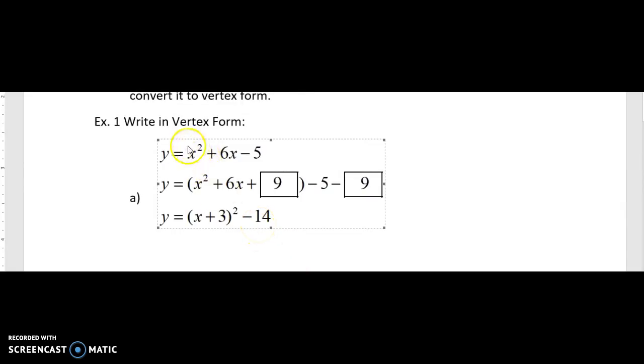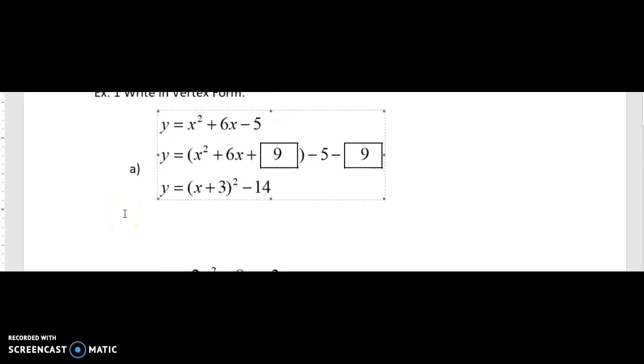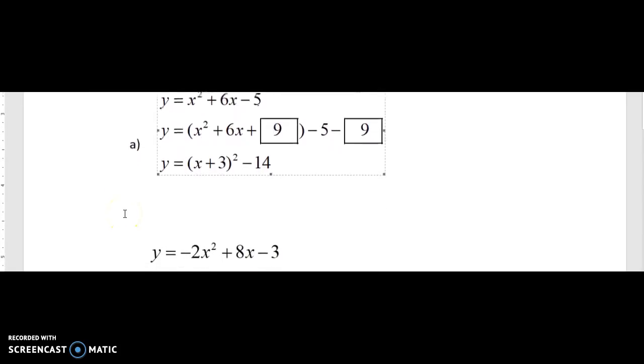Okay, you'll notice with this example we have a 1 in for our a. So let's look at an example where the a value is not 1. Okay, here we have y equals negative 2x squared plus 8x minus 3. And the first thing we're going to want to do is follow basically the same steps as before, but we want to factor out that a value from the first two terms, from the x squared term and from the bx term as well.